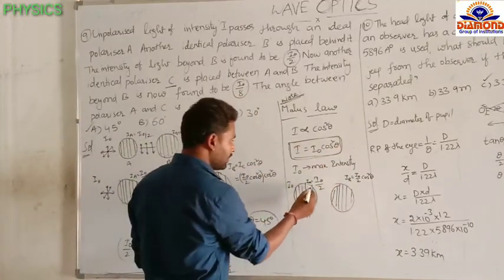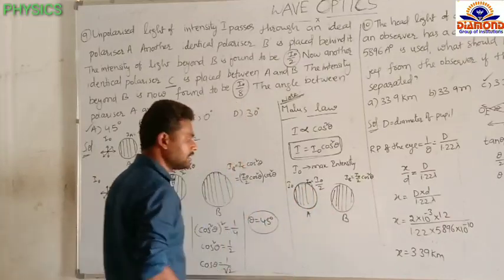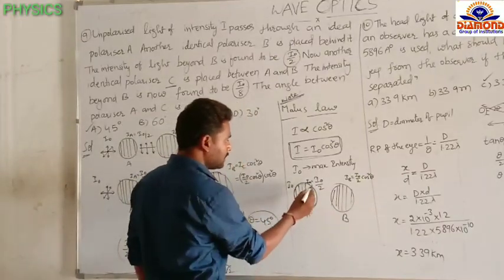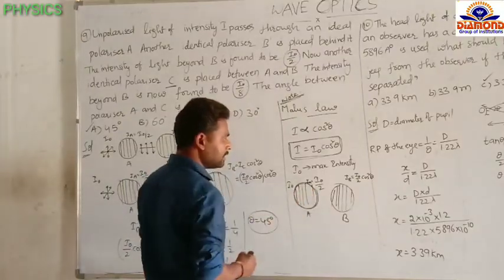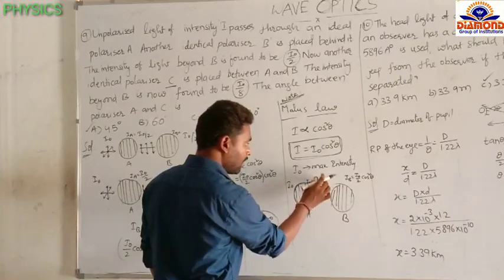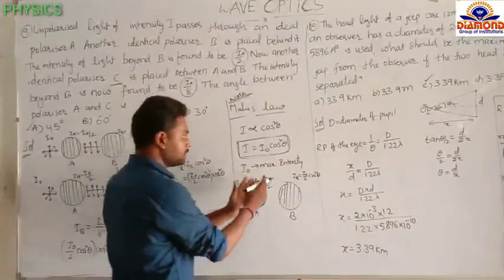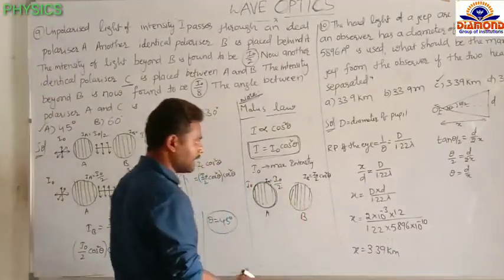Suppose here we are taking one polarizer A and here B is the analyzer. If unpolarized light is incident on the polarizer, then the intensity after passing through this polarizer becomes half. So IA equal to I naught by 2, and this intensity of light falls on the analyzer.